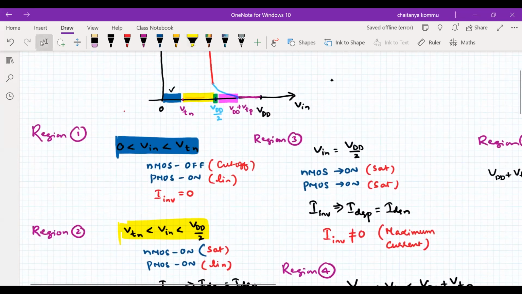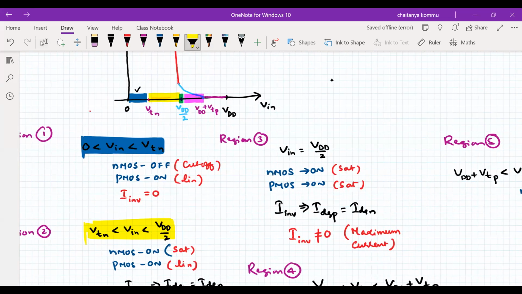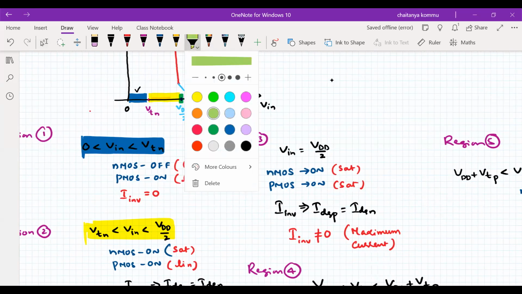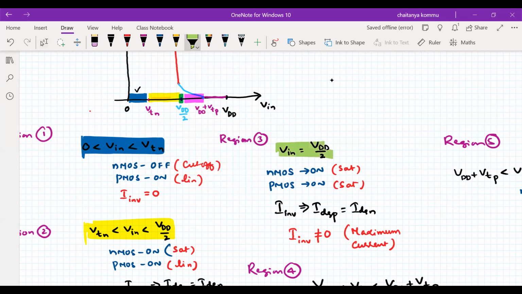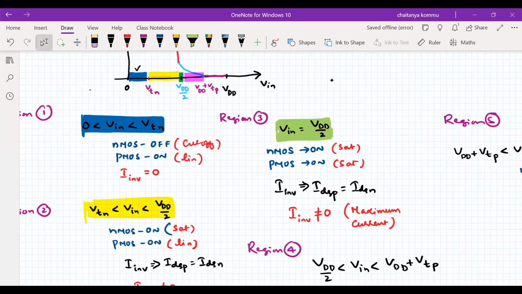So what is region number 3? When Vin is equal to VDD by 2, exactly at VDD by 2, what is happening? Both the transistors are in saturation, and here you observe that the maximum current will flow within the inverter. Non-zero current will be flowing here.